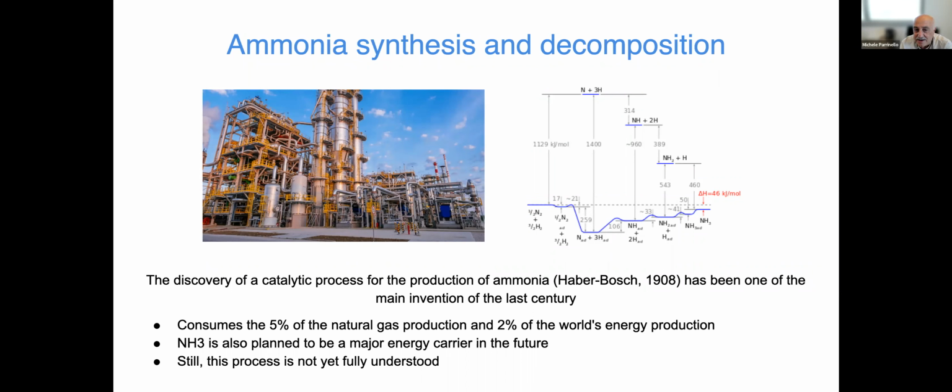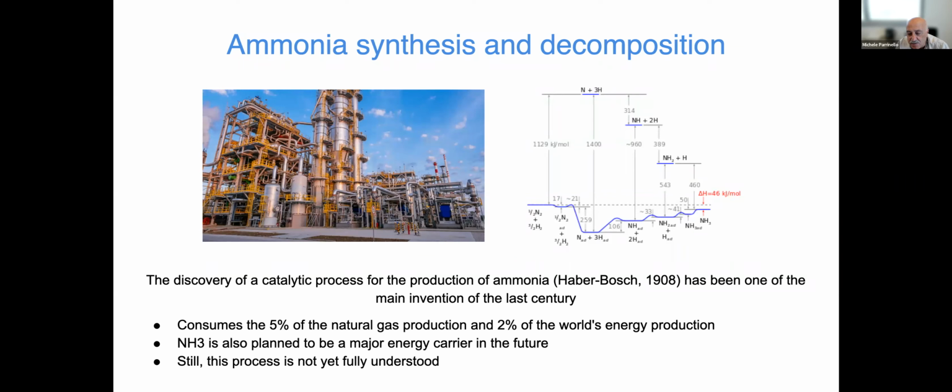If we have a process by which we take ammonia and decompose it into nitrogen and hydrogen molecules, then we can build an ammonia production factory in a place rich in sun, like Africa, and so use clean energy to produce ammonia.